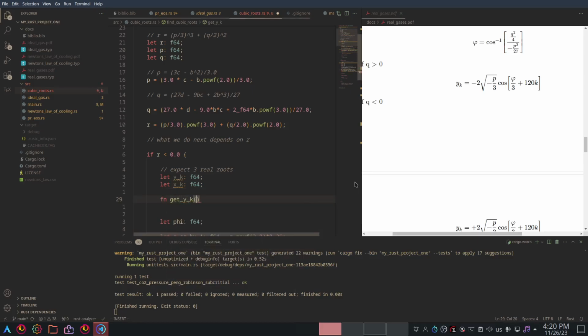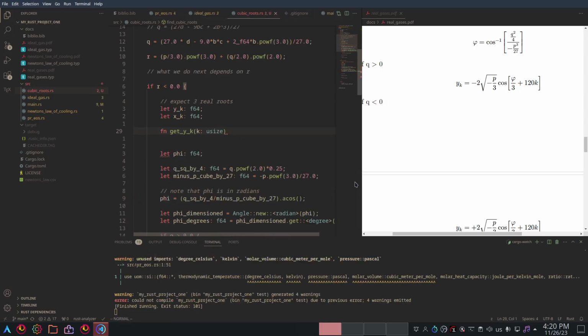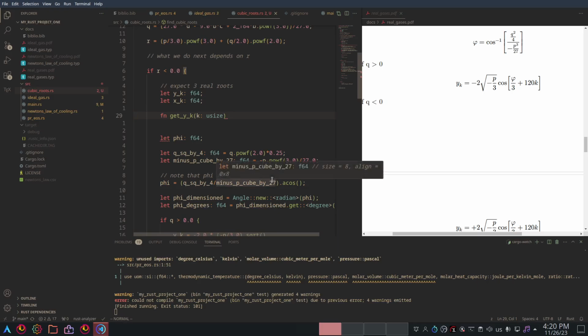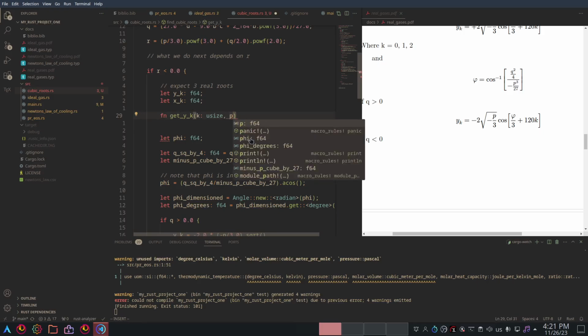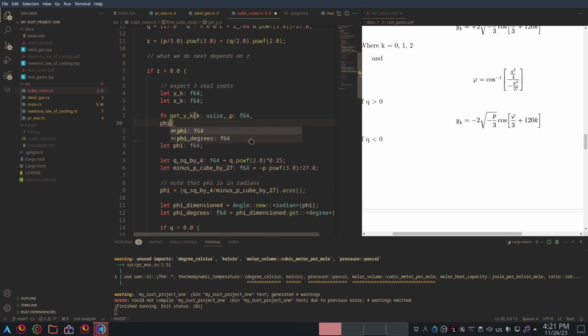Okay, so there are 2 parameters here. One is k, which is a usize. This is 1, 2, or 3. Get yk. And what's the other thing we need to supply? We need to supply p, which is an f64, and then we need to supply phi, which is also an f64.